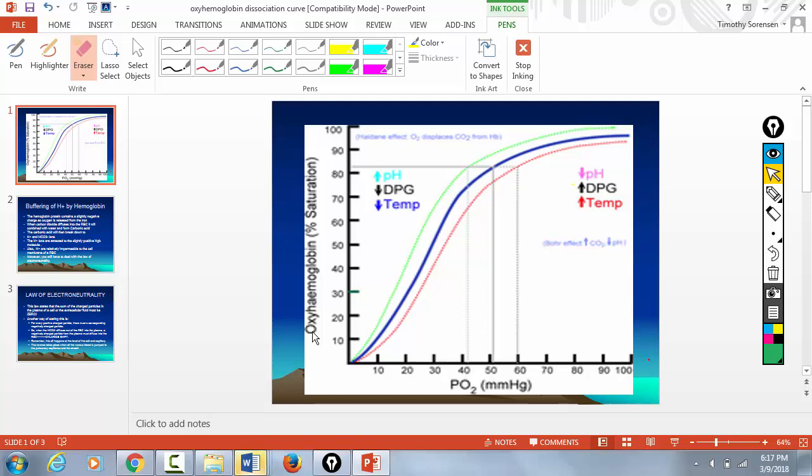If the PO2 begins to drop, now let's say the PO2 is 70 because you have some kind of lung disease. If your PO2 is 70, what's the saturation of hemoglobin? About 90. So as the saturation of hemoglobin begins to drop, you still have to get a 25% reduction, right?